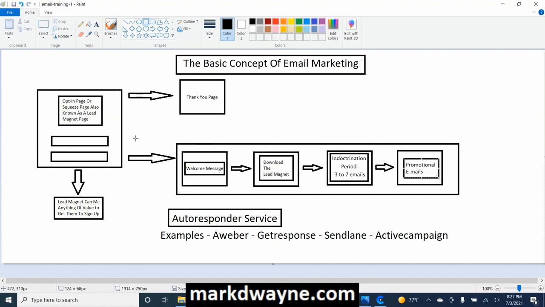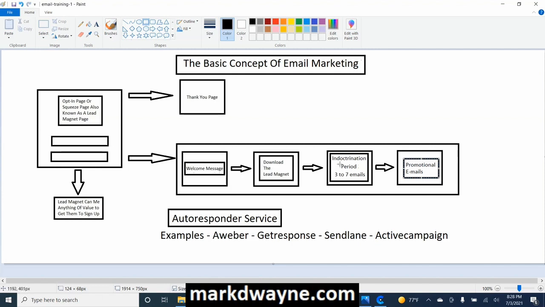So that's the basic concept of email marketing. You're using a bribe to get their email address on an opt-in form, and then it sends them to a thank you page. Now they're in your autoresponder service, which provides a way to send a welcome message, then the download page for the lead magnet.